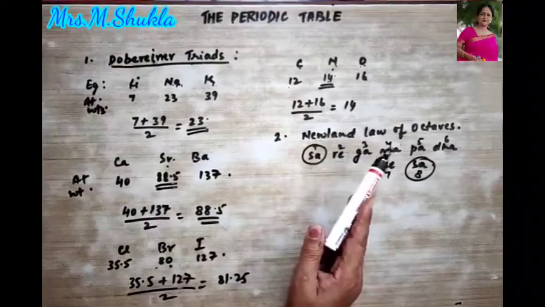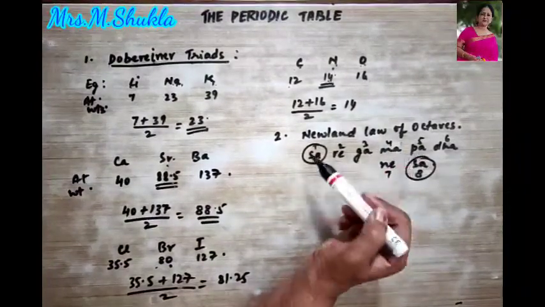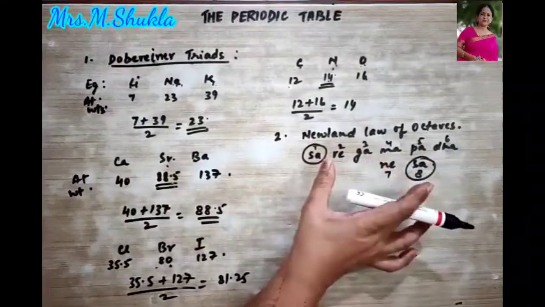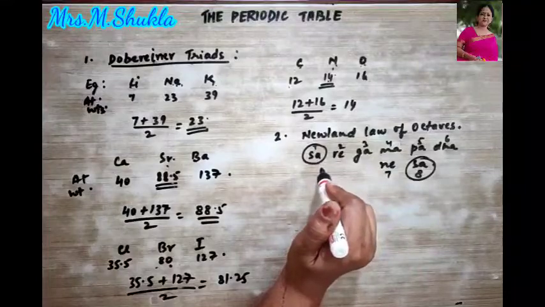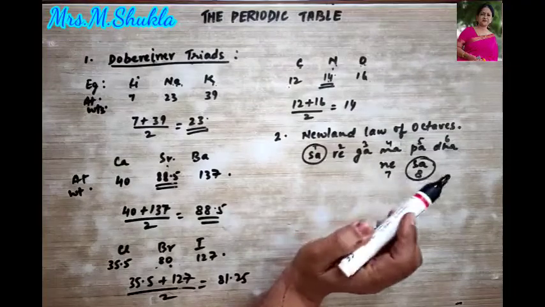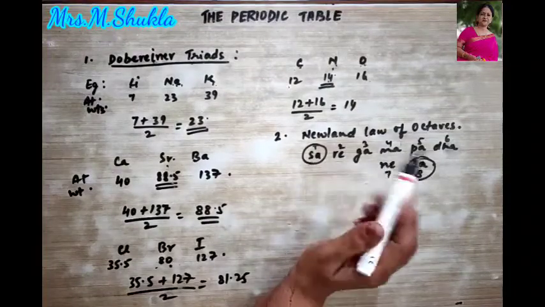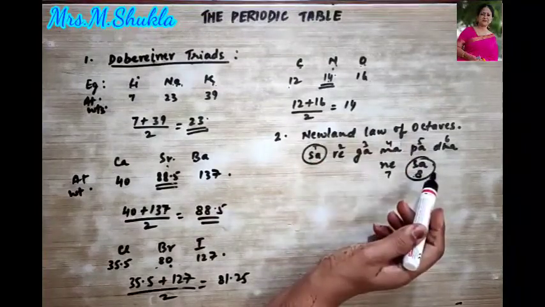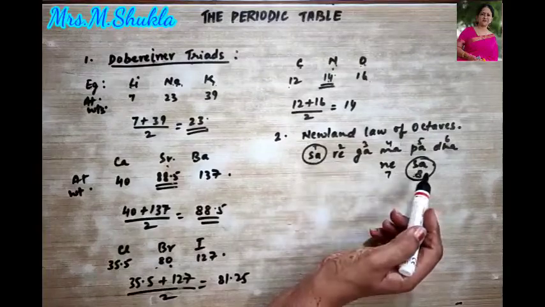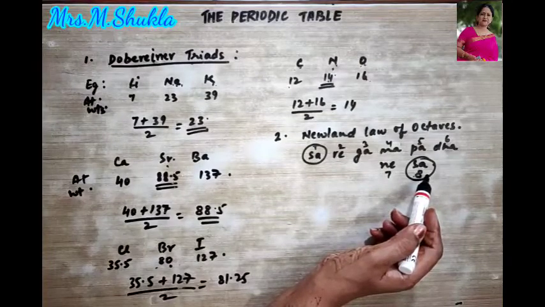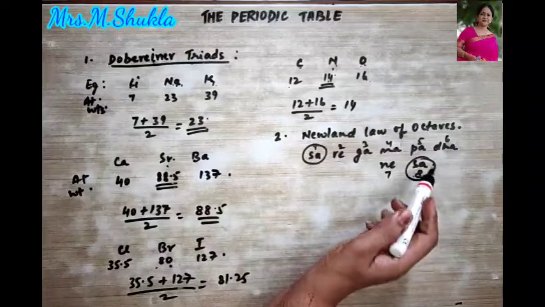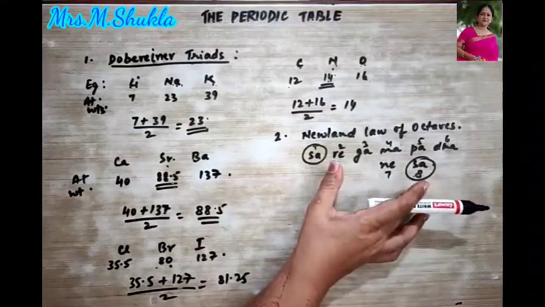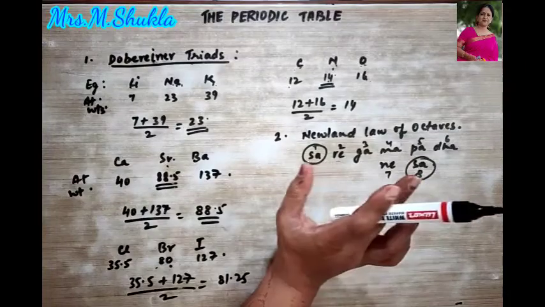So according to Newland's law of octaves, since he was a music lover, he said that every eighth element had similar chemical properties to that of the first element, because in music also, the first and the eighth notes are the same, and therefore his law is termed Newland's law of octaves. Is that very clear?